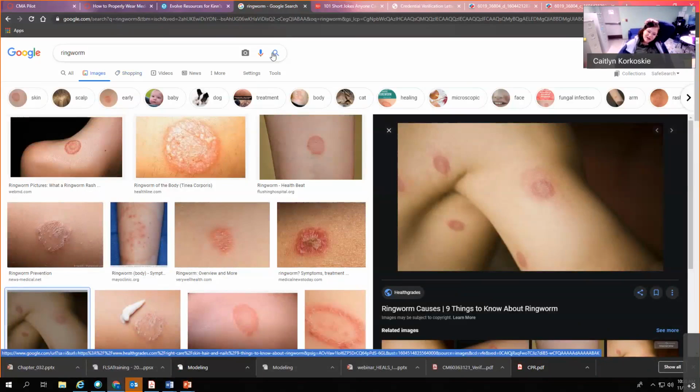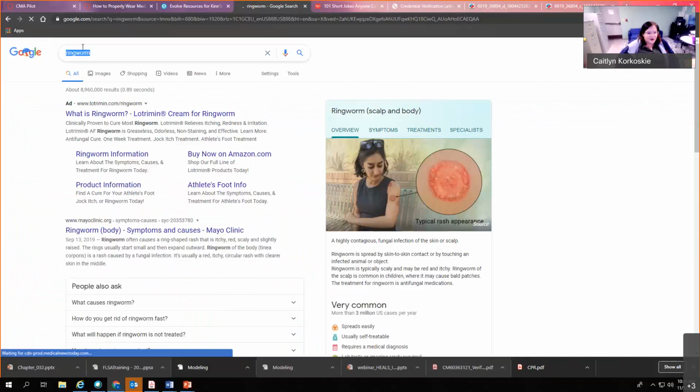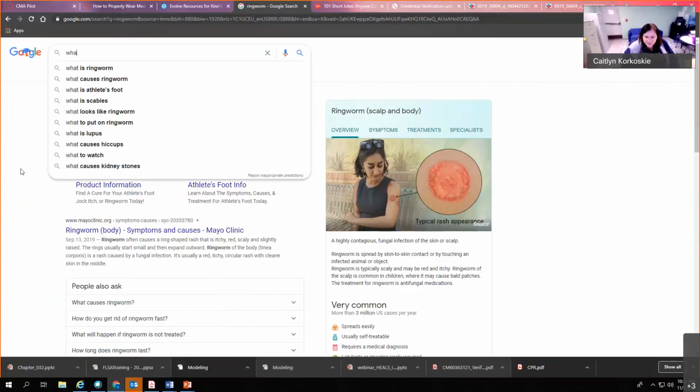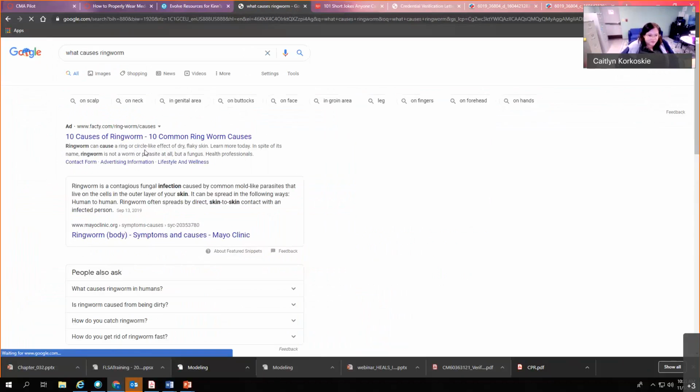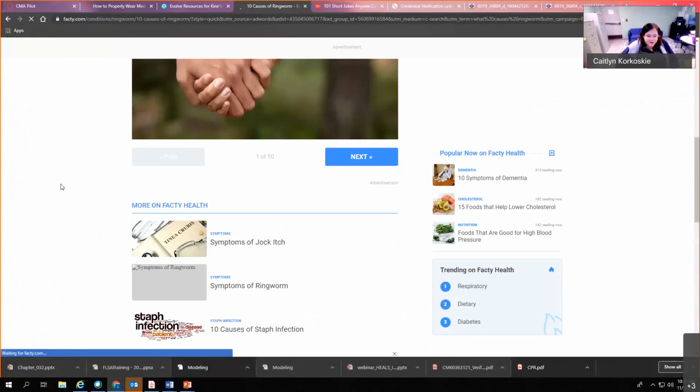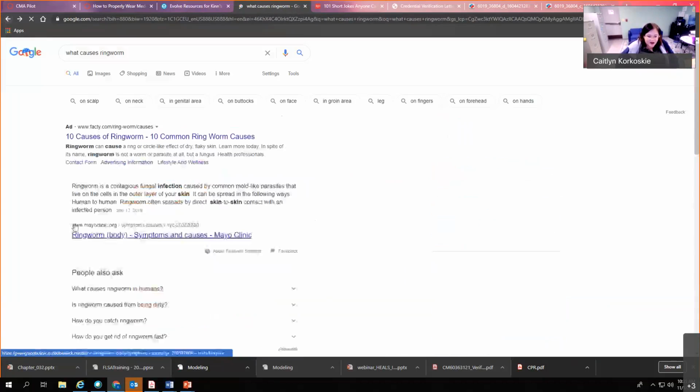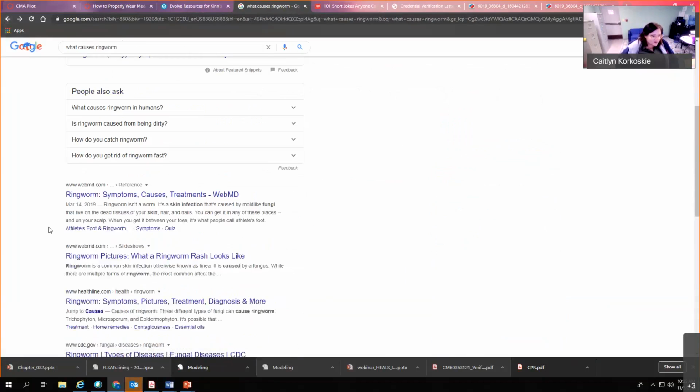It's basically an overgrowth, but for ringworm specifically, let's see what really causes it. Yes, direct contact, but why? Because you can get ringworm anywhere.